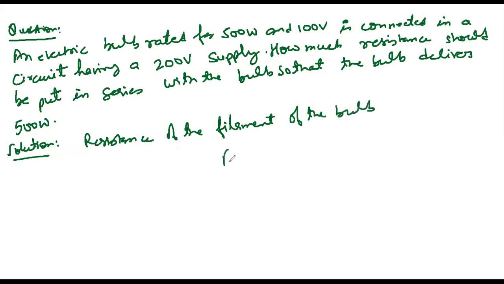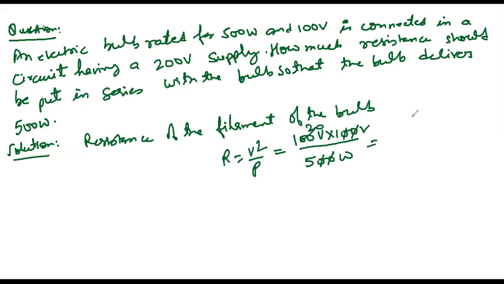R is equal to V square divided by P. So at the place of V write 100 into 100 volt. Power is 500 watt. These two zeros you cancel. It will go 20 times. 20 ohm. Any problem?